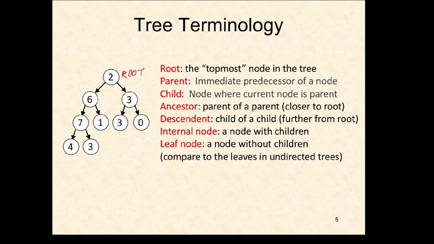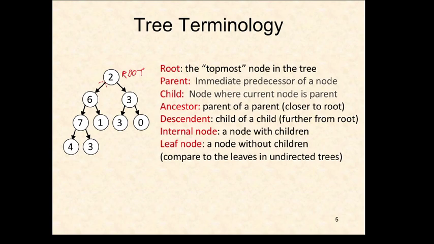Now, the child of a node, we can see 6 is a child of 2. We have an arrow pointing to it. Whether the arrow points in both directions or not, we would still say that 2 is the parent of 6, whether or not we have a parent pointer.